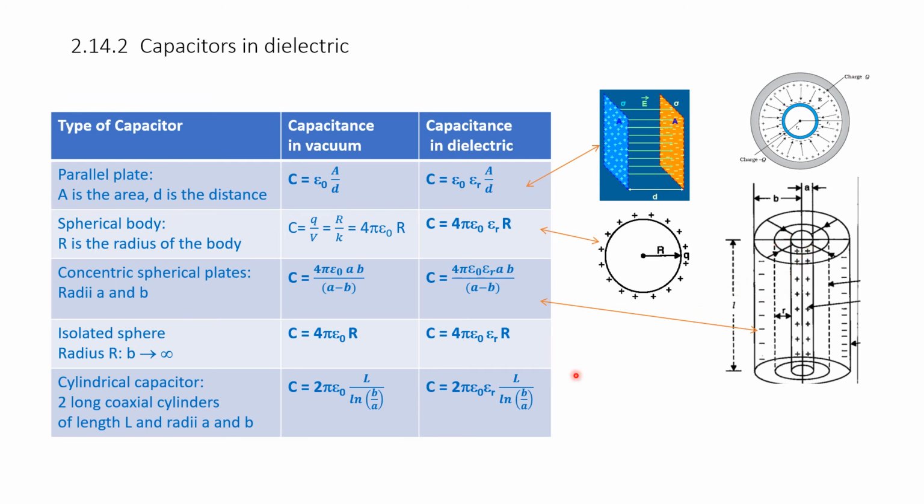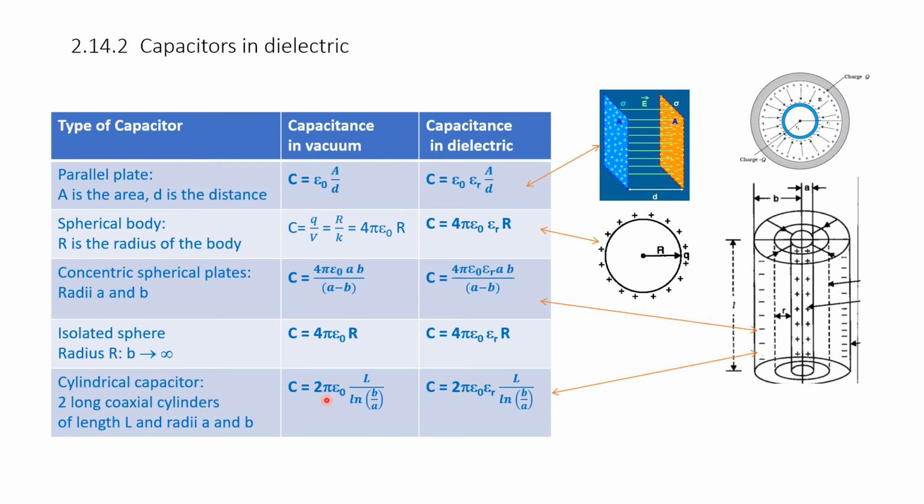So, its capacitance value is given by 4 pi epsilon naught R. For cylindrical, that is two long coaxial cylinders, coaxial means the center is same, there is an inner conductor and an outer conductor, coaxial cylinders of length L and radii A and B. The capacitance is given by C is equal to 2 pi epsilon naught L divided by natural log B by A.